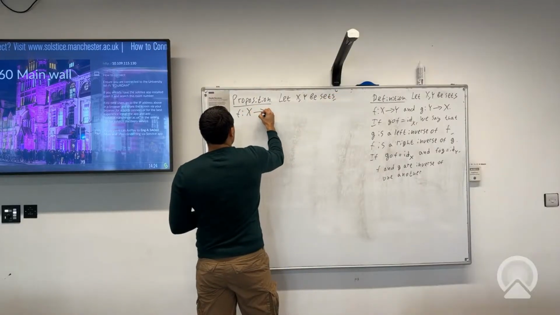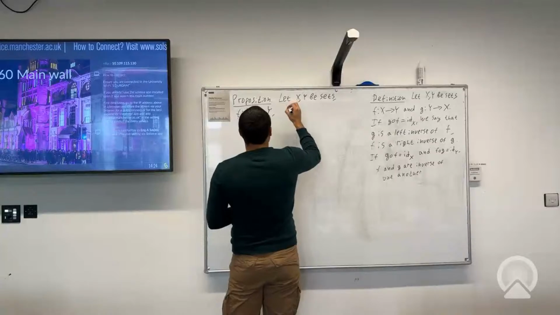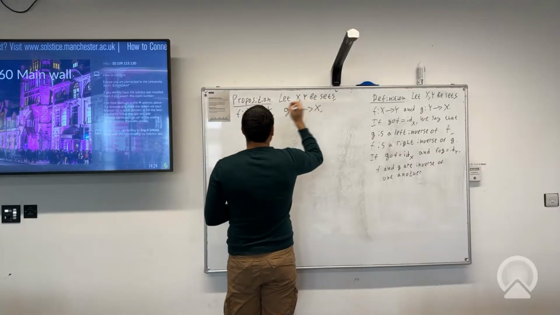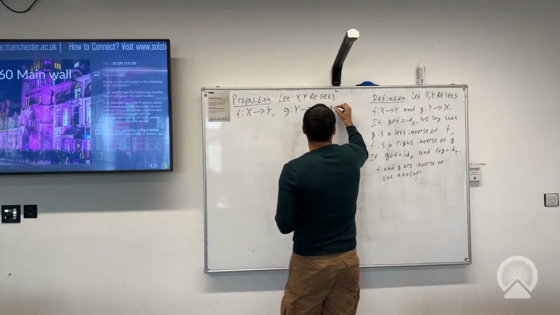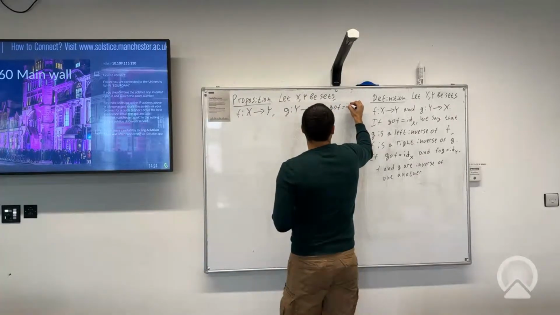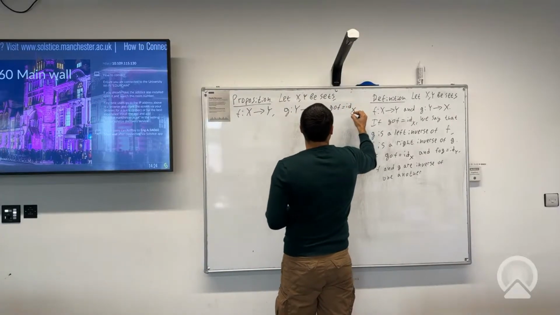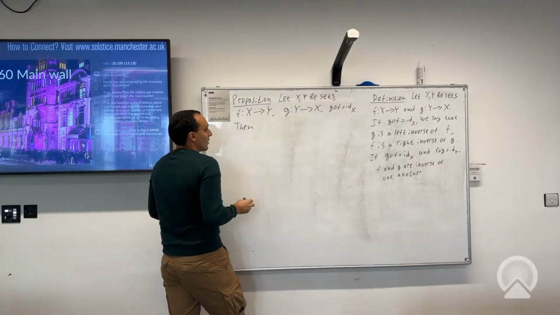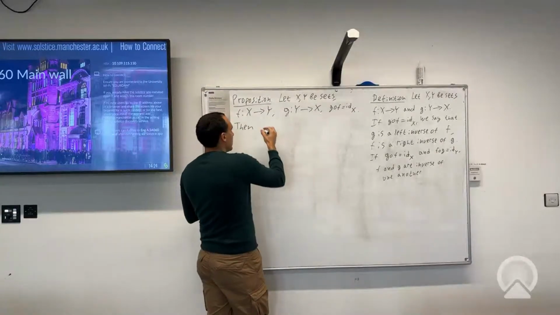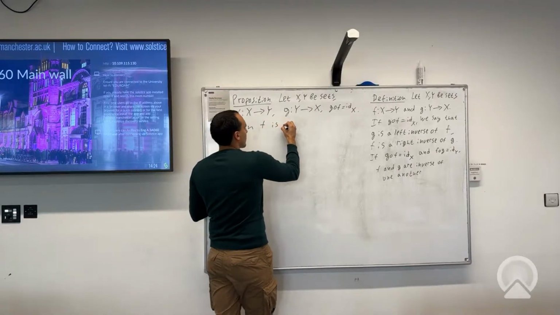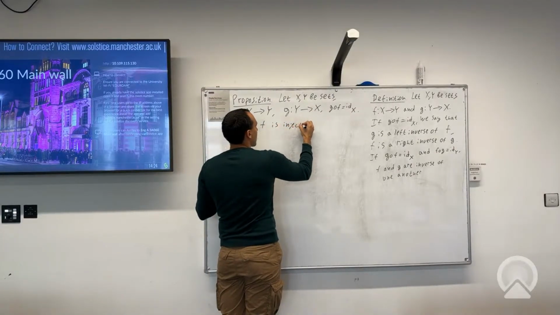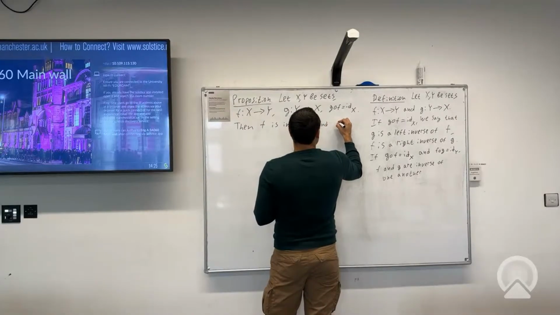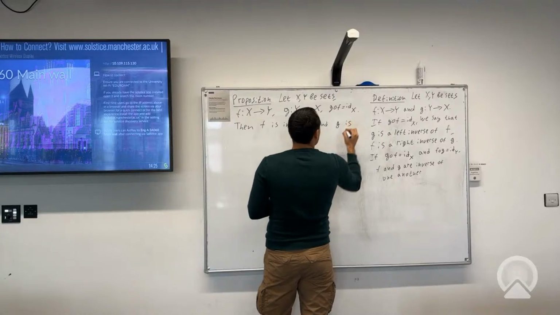F is a function from X to Y, and there is a function G from Y to X, and G composed with F is the identity. Then F is injective, and G is surjective.